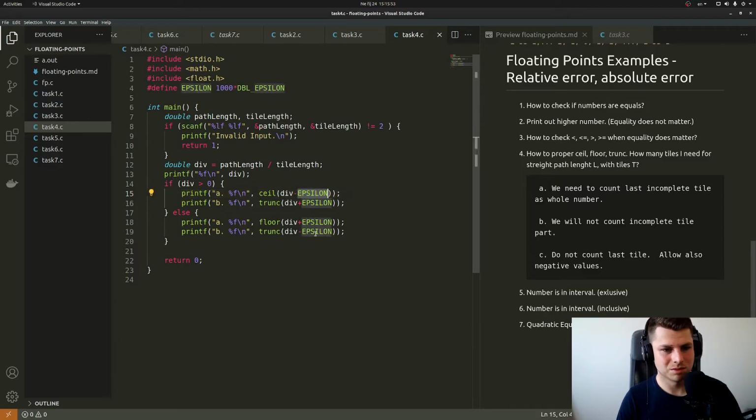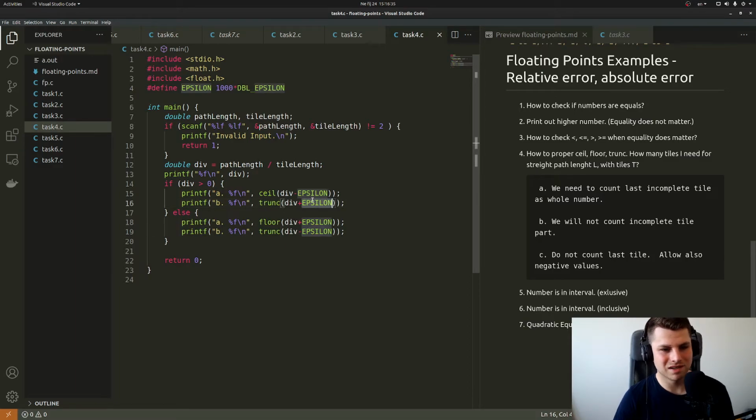Then we have to subtract epsilon, and this epsilon we do not want to scale, because ceiling considers steps as integers. So we never want to subtract some epsilon which will be like a million or some huge number, which can easily happen in double data types, right? So we subtract in ceiling, we add in flooring.